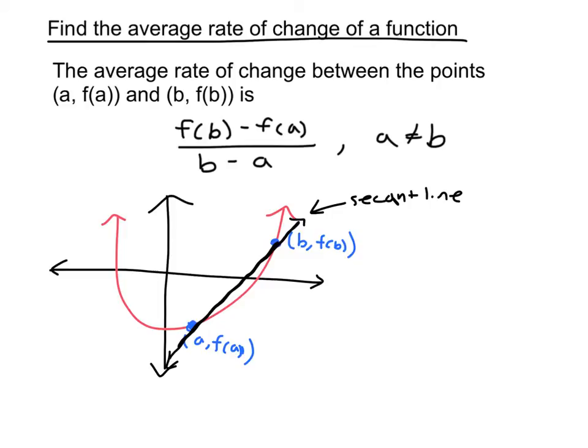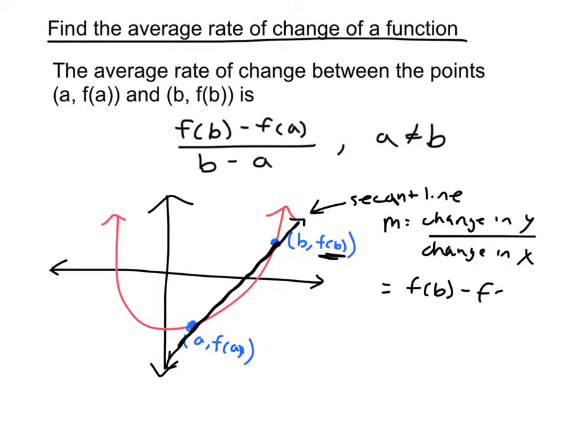You remember slope. How do you find slope between 2 different points? The slope is the change in y divided by the change in x. In this case, the change in y would be f(b), because this is the y coordinate here, minus f(a), that's the y coordinate there, divided by the change in x, which would be b minus a.